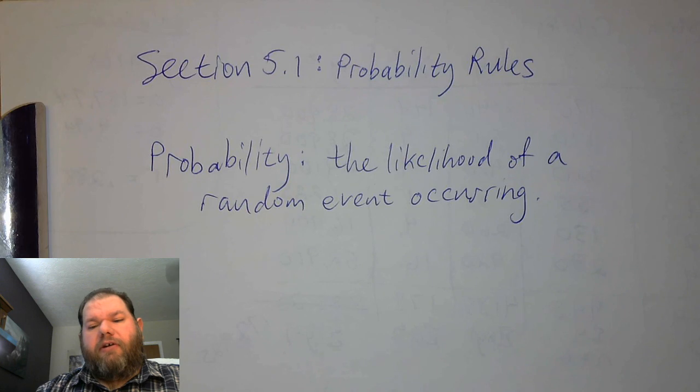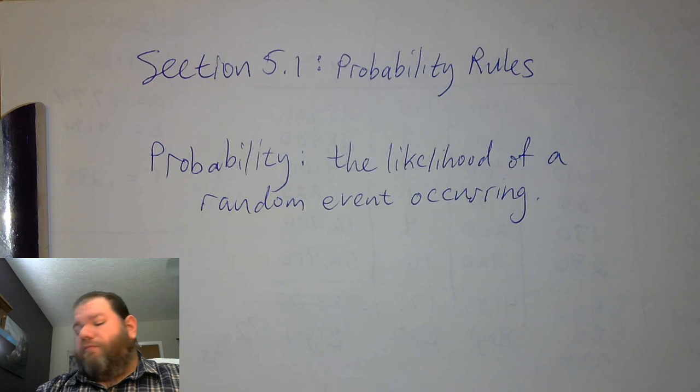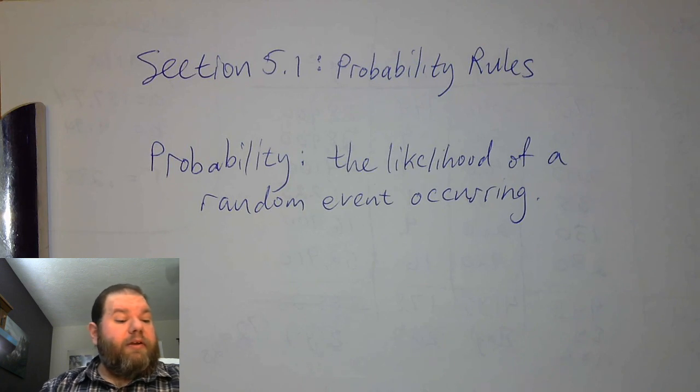Things that are based on a limited number of outcomes with a reasonable expectation of each, and others where the outcome is unknown, but based on historical evidence we have an idea about how likely something would be to happen. Okay, so that's the idea of classical probability versus what we call empirical probability.